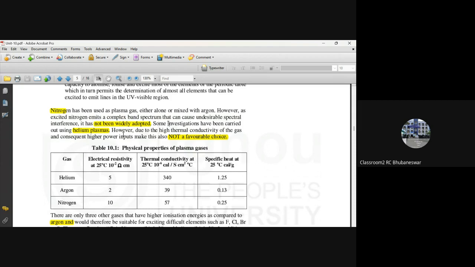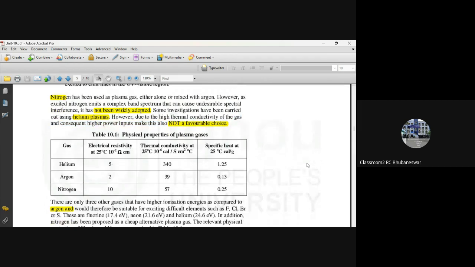Some investigators have also carried out experiments using helium plasmas. However, it has high thermal conductivity. If it has high thermal conductivity, then maintaining the temperature will be difficult whilst doing the experiment. So the high conductivity of helium and the consequent higher power inputs make it also not a favorable choice.